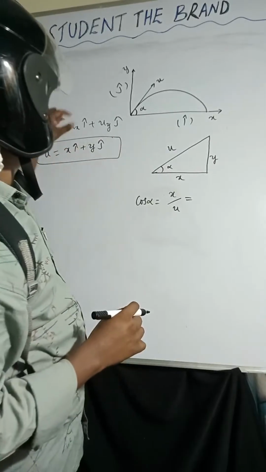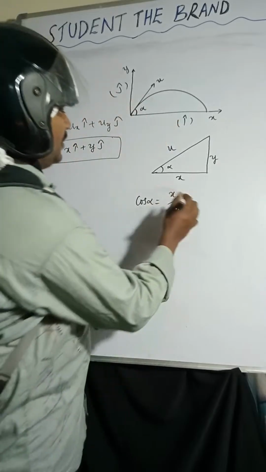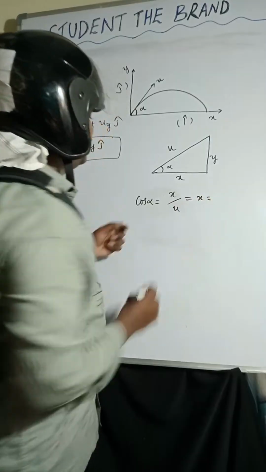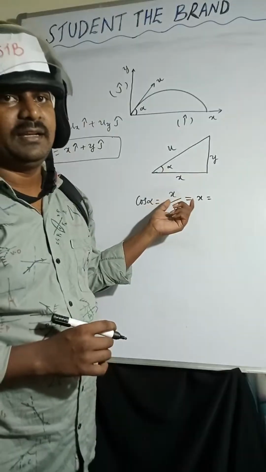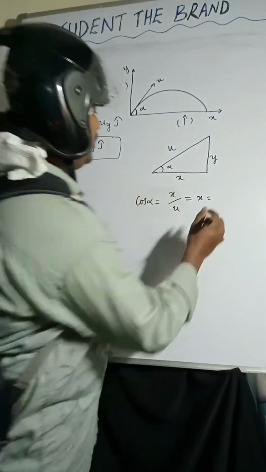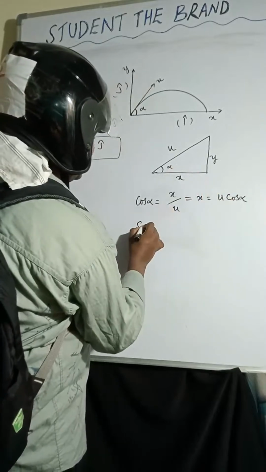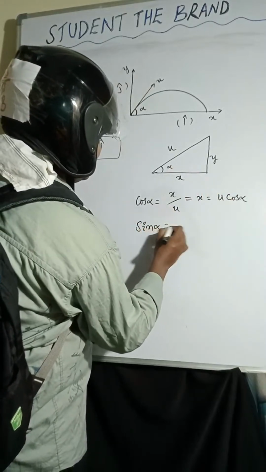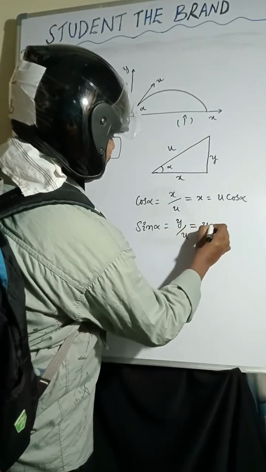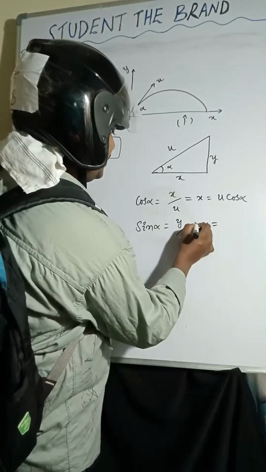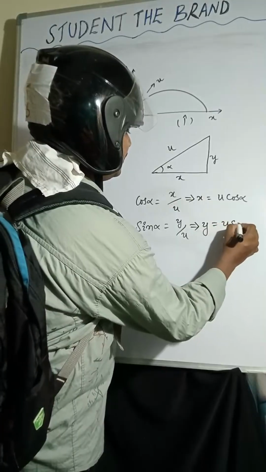As I said, ux is the component along x-axis, y is the component along y-axis. Because whatever we are getting is in the format of x and y, that is the reason we are writing like this. So x equal to u cos alpha, and sin alpha is y by u, that is y equal to u sin alpha.